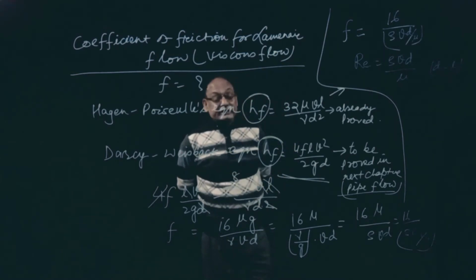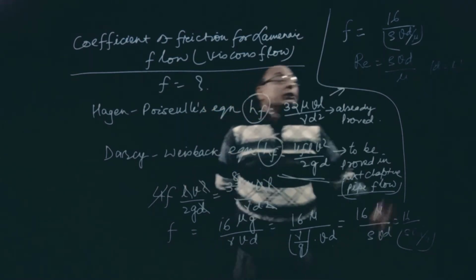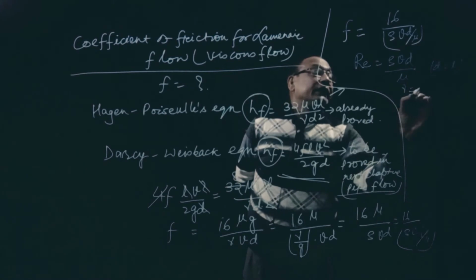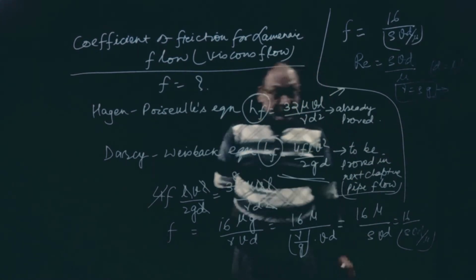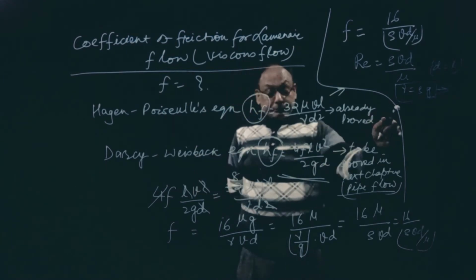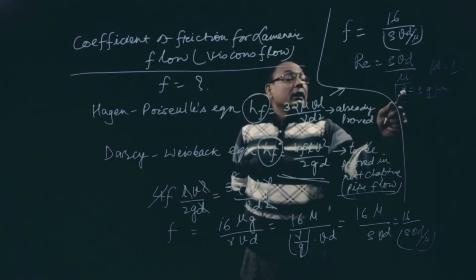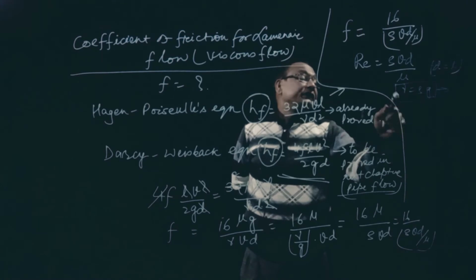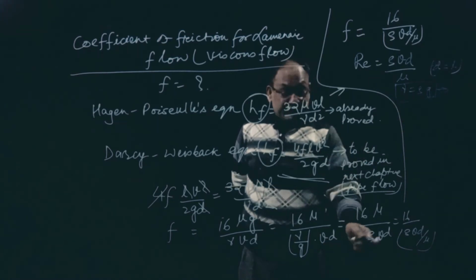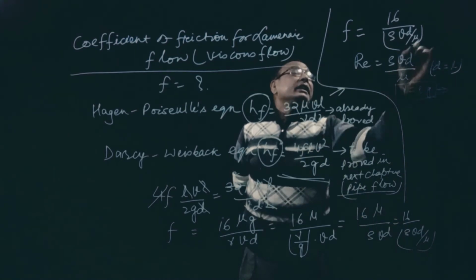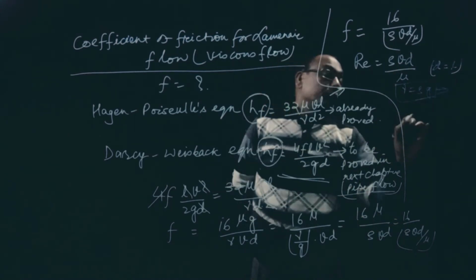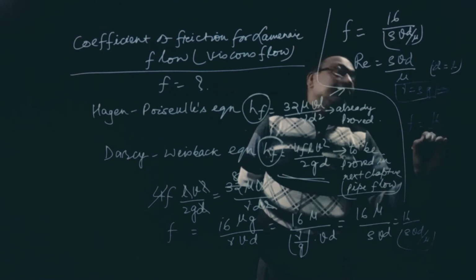Gamma by G is rho, because weight density is equal to mass density into G. That is the relation we proved in the first unit itself. So rho Vd by mu is nothing but the Reynolds number Re. So F will be equal to 16 by Re.